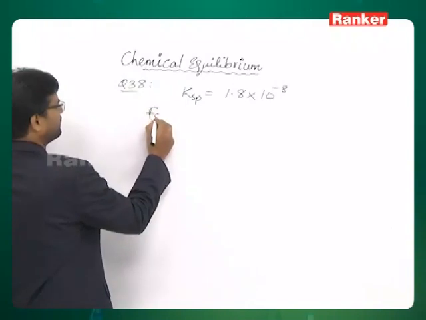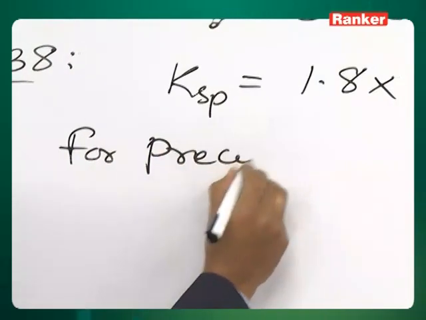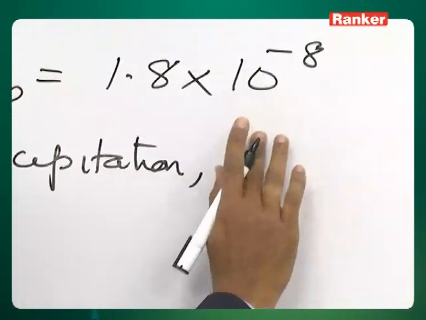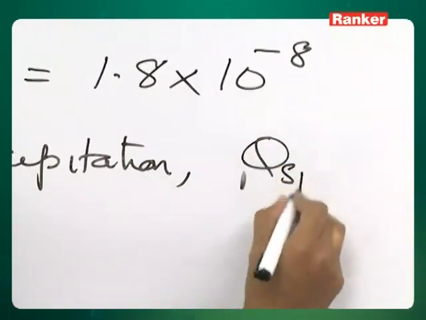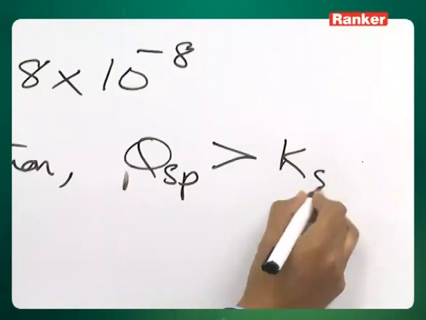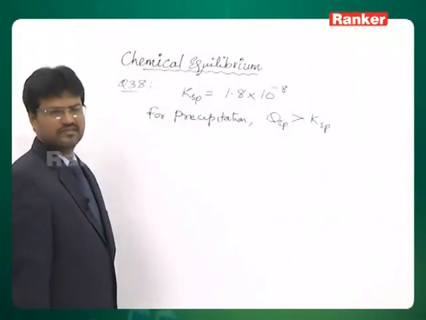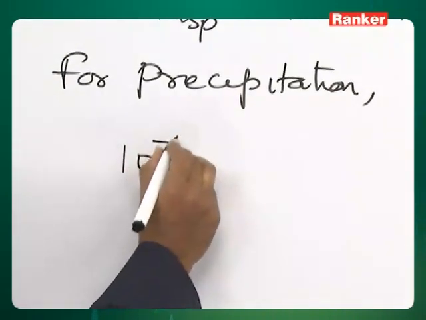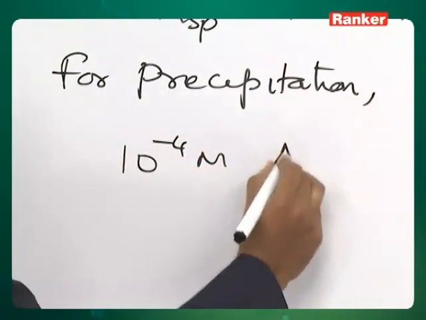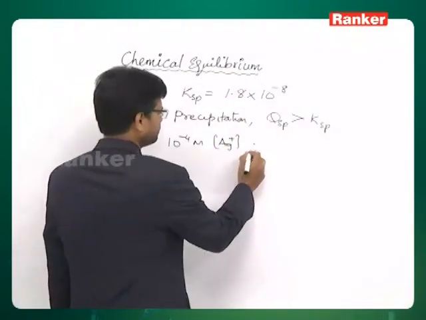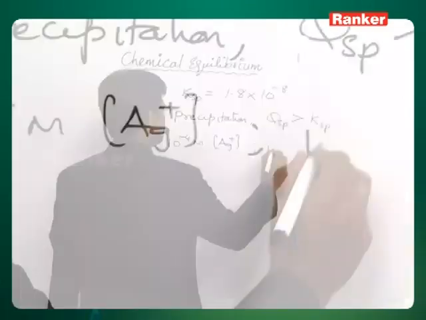For precipitation to take place, the ionic product Qsp should exceed Ksp. This is possible only with the first option, 10 raised to minus 4 M Ag+ concentration, and Cl- is 10 raised to minus 4.